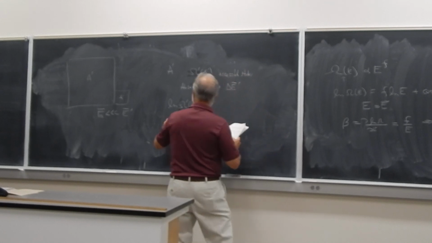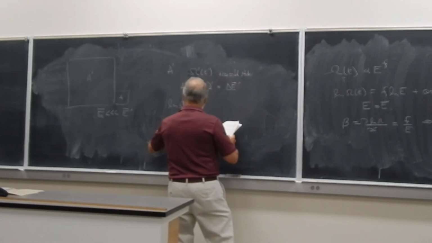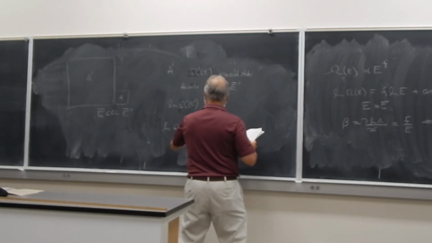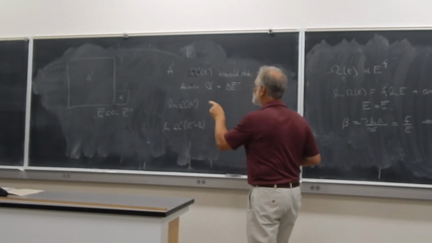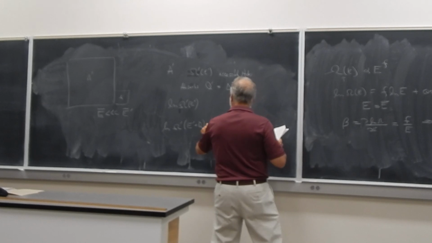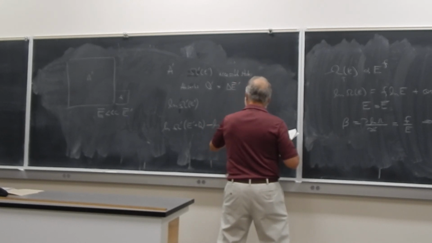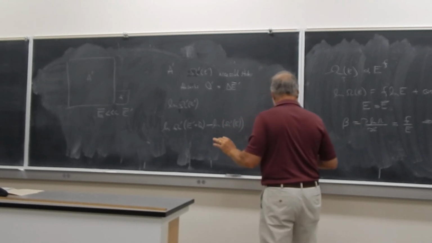So I can write it in this way. I can say the log of omega prime of E prime plus Q, the amount of heat that it absorbed from the system, minus the log of omega prime of E prime. So I'm looking at a change in the log number.